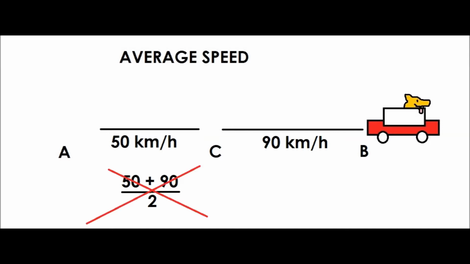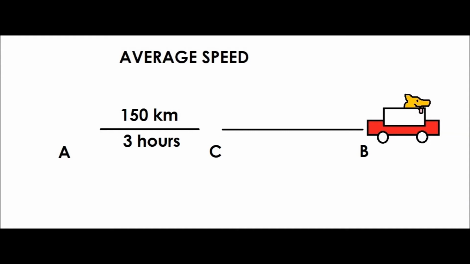But no, it's not like that, because to find out the average speed, what you need to know is each part's time and distance. So let's say from A to C, it is 150 kilometers and for 3 hours. From C to B, it's 180 kilometers in 2 hours.